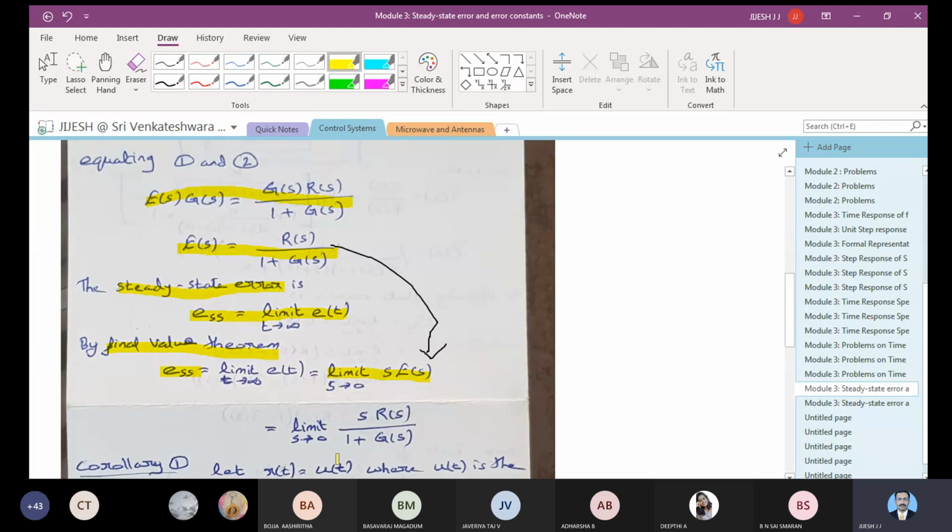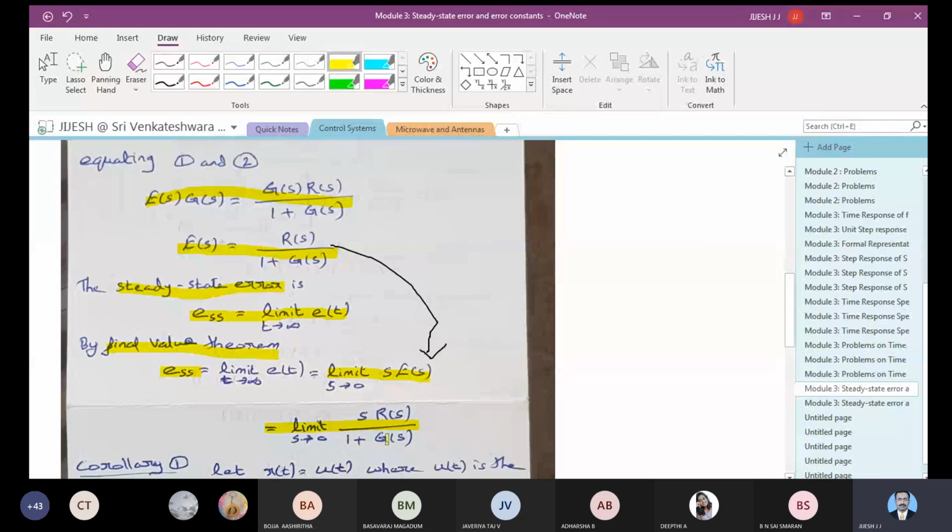ESS can be written in terms of E of s, that is limit of s tends to 0, s into E of s, or in terms of G of s and R of s, limit of s tends to 0, s into R of s divided by 1 plus G of s.